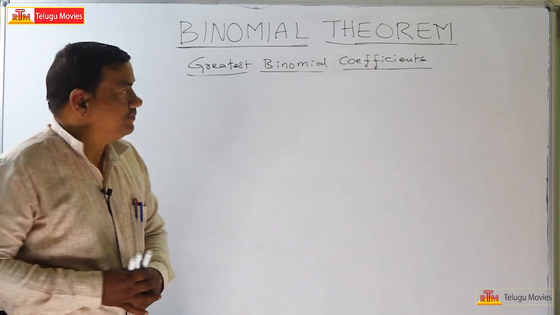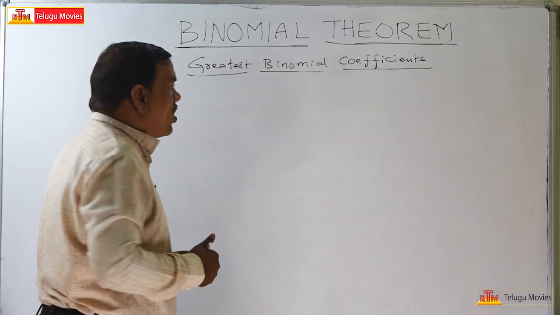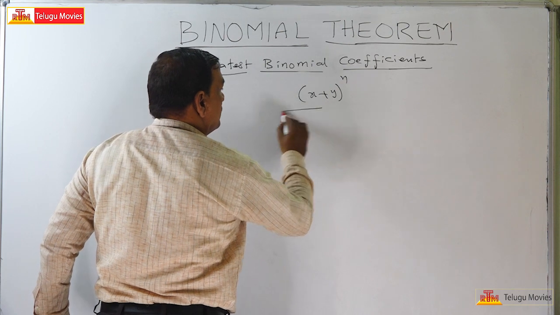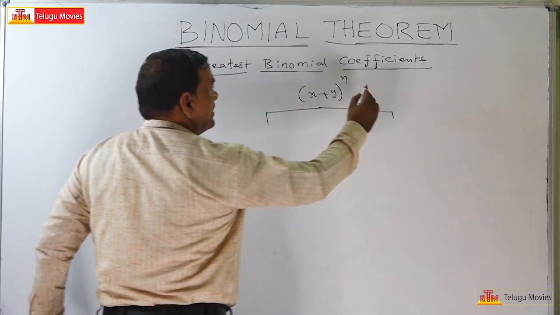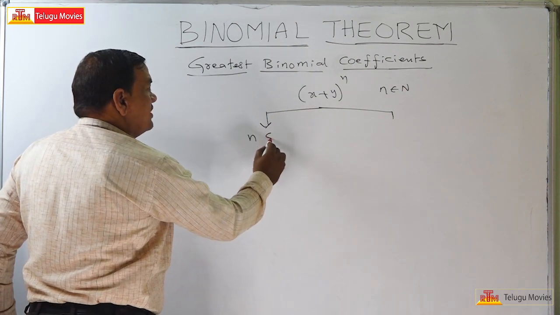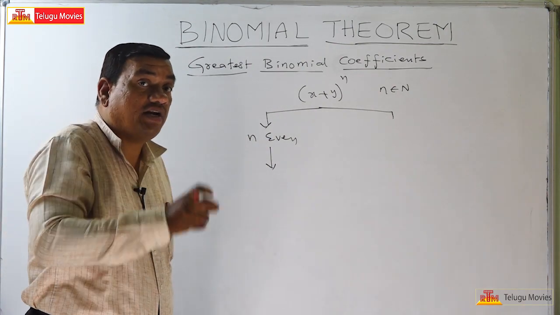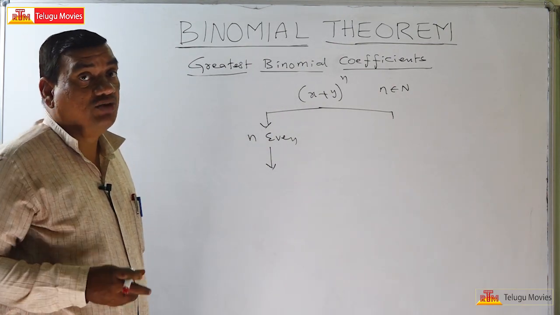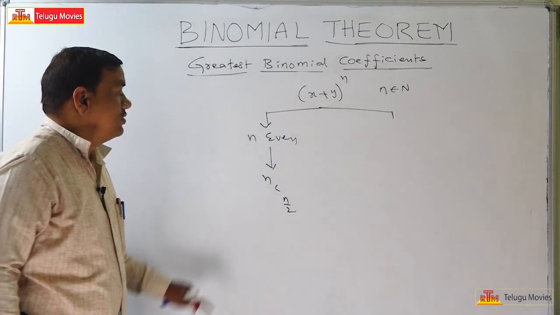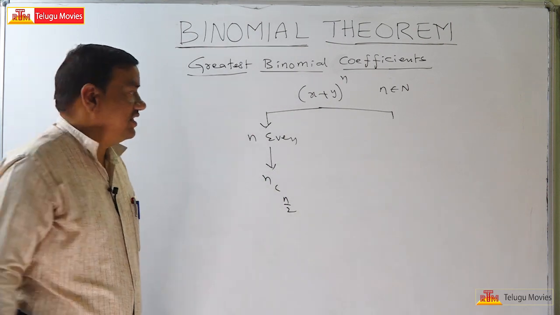Welcome back. See here, I am going to write the greatest binomial coefficients. Remember the formulas like this so that it will be very easy. Consider (x + y)ⁿ, where n is a natural number. There are two cases. If n is even, there will be an odd number of terms, and there will be one and only one greatest binomial coefficient, given by nC(n/2). Since n is even, you can divide by 2 easily.